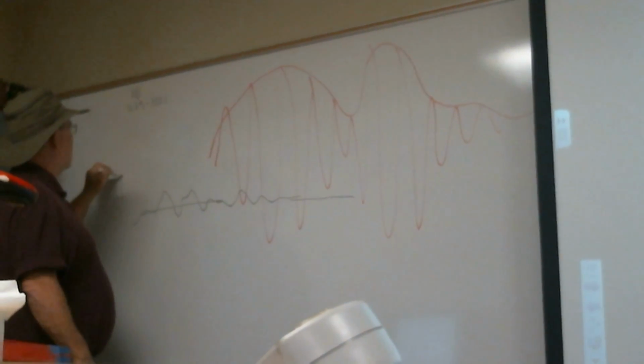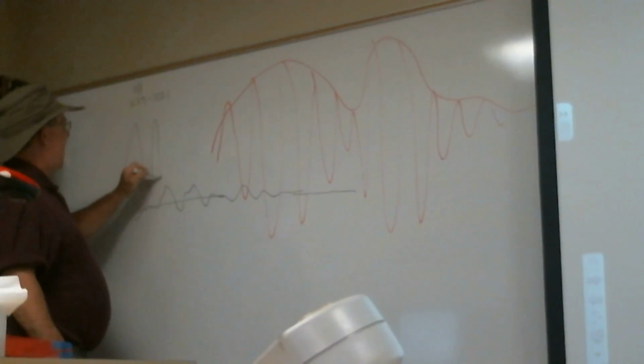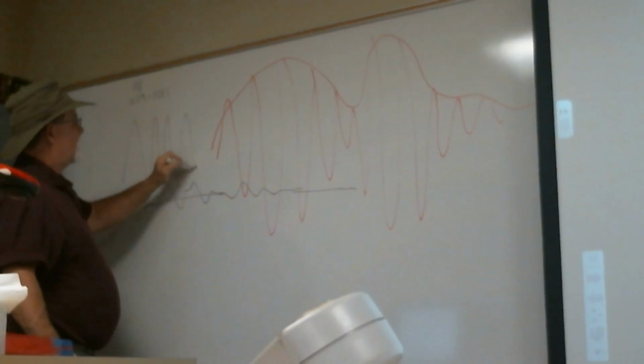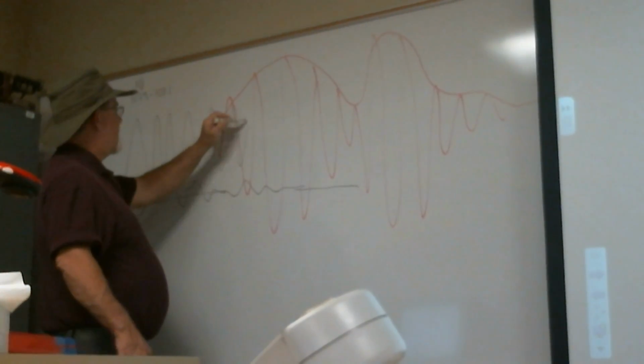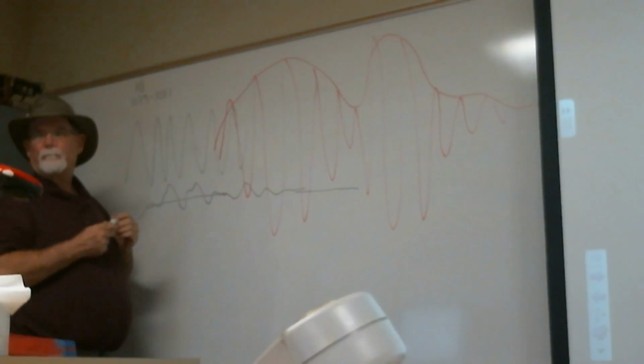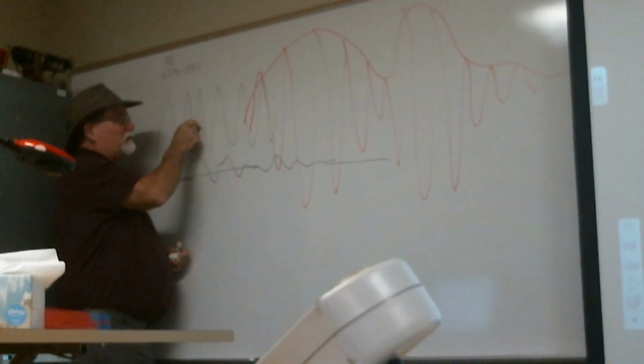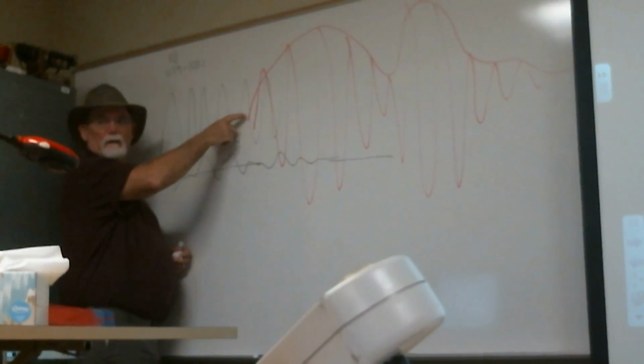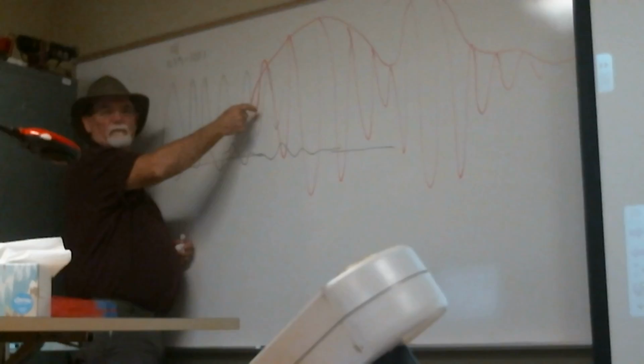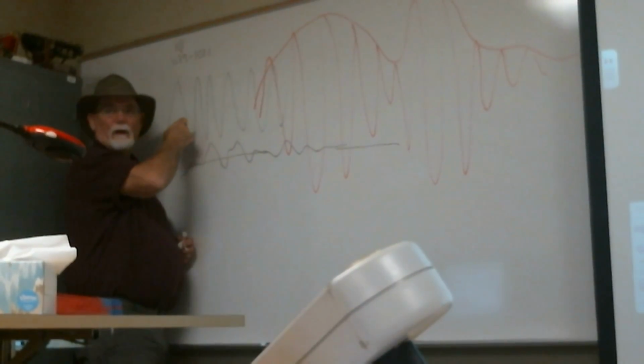So then I'm going to have a signal that's even amplitude, but I'm modulating the frequency within that range. So that's going to be a high tone, that's going to be a low tone. So that's frequency modulation, or FM.